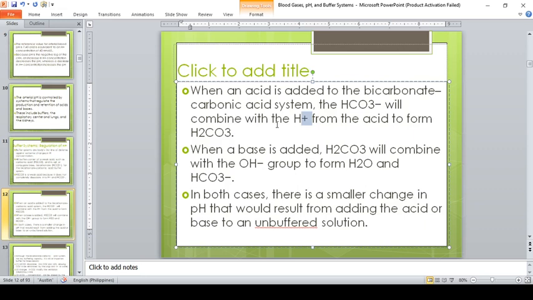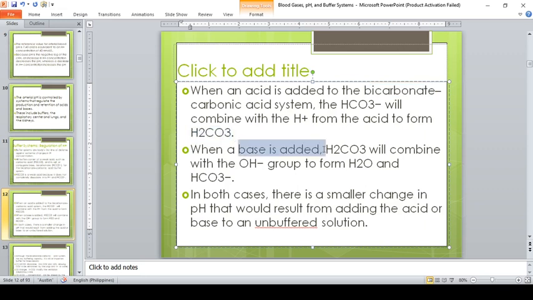Okay? So para ma-maintain, for example, merong additional na acid sa katawan. Anong gagawin ni bicarbonate? Ito kasi yung conjugate base. So, magre-react siya, o magko-combine siya with the acid that is the hydrogen ion, magpo-form sila ng carbonic acid. Okay? So, magiging H2CO3 na siya.